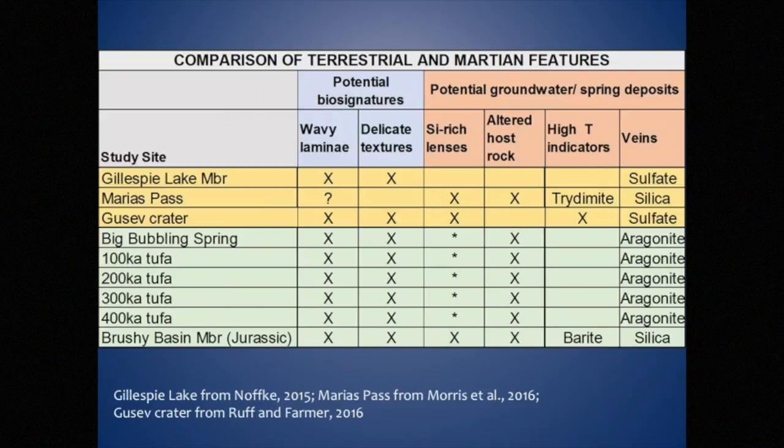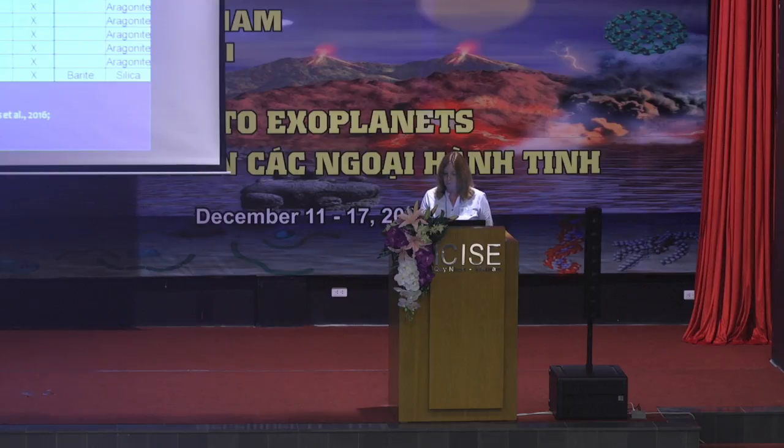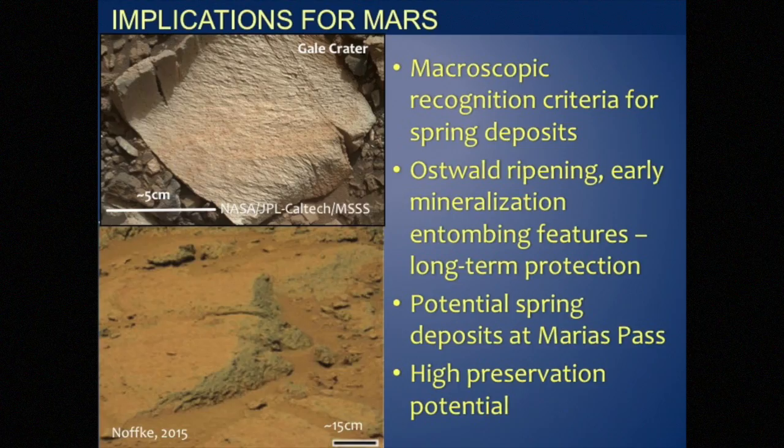But I think as we move forward in our Mars exploration, we need to be watching for these kinds of features so that we can target the best lithofacies that have preserved the largest number of biosignatures, if they're there.